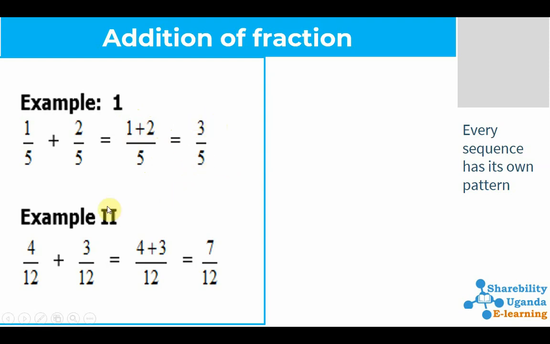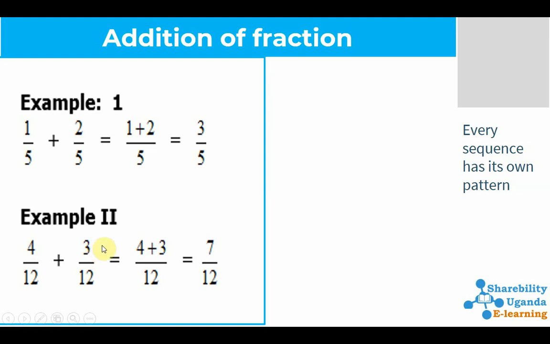Okay, let's look at another example, which is our example 2. We also have this fraction. We have a 4, which is a numerator, and we have a 12, which is our denominator. We are going to add it to another fraction, where we have a 3 as the numerator and a 12 as the denominator.